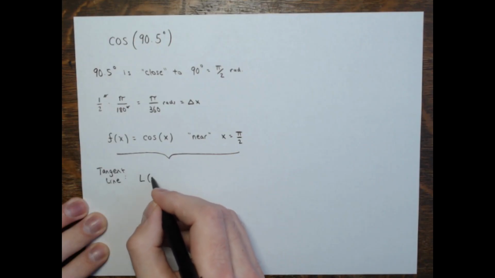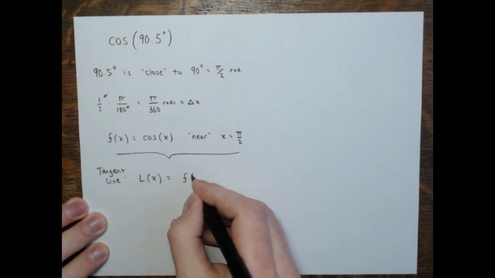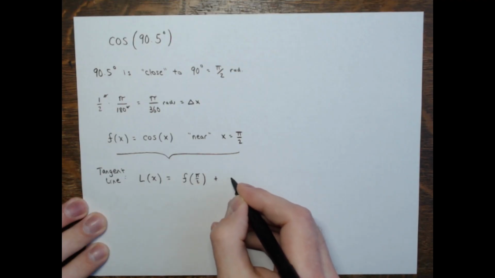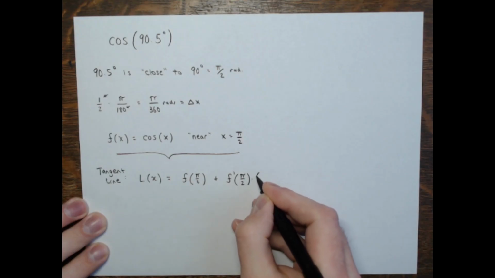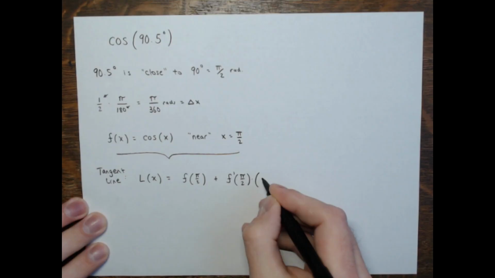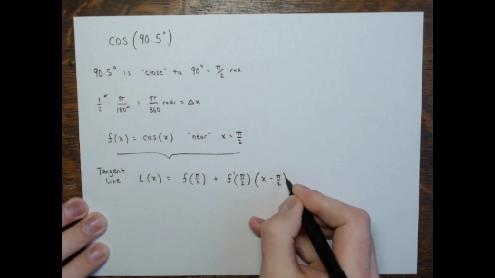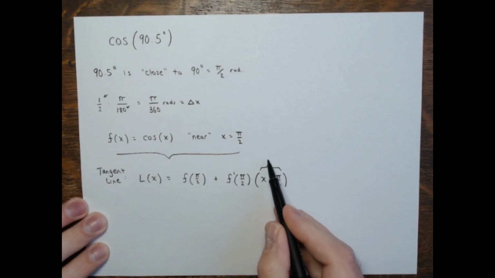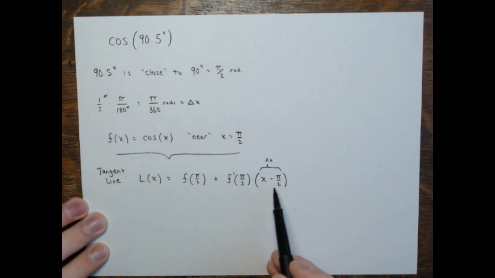So remember that linear approximation, this L of x, is going to be the value of my function at pi over 2, plus the slope, the value of the derivative, f prime at pi over 2, multiplied by the change in x, the quantity x minus pi over 2. Again, this is also just going to be delta x when we're done here. That'll end up being this pi over 360.